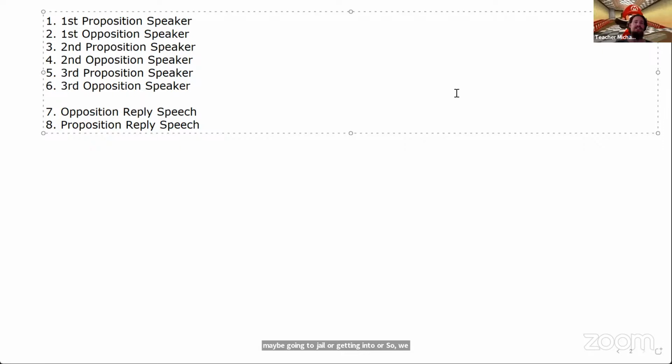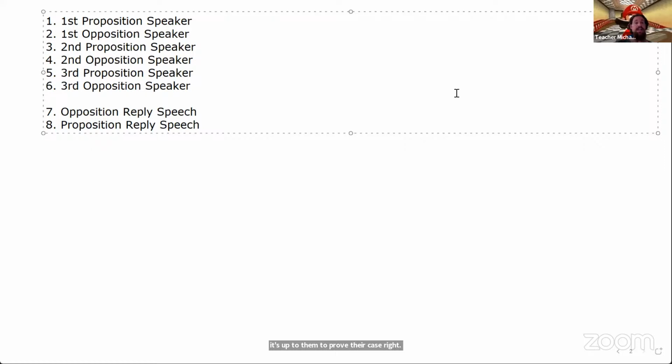The proposition team would be similar to the prosecutors. So they open because it's up to them to prove their case right. So they get to speak first.